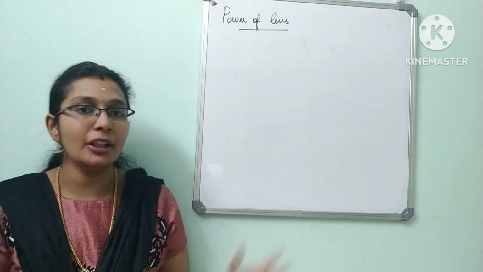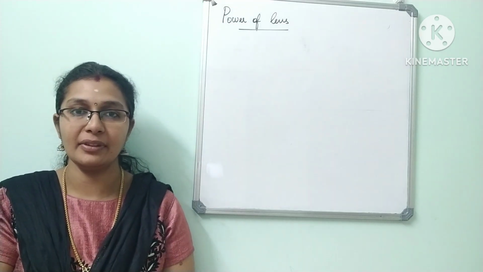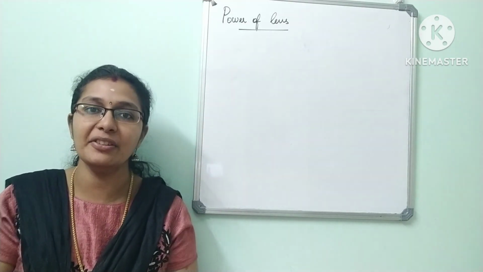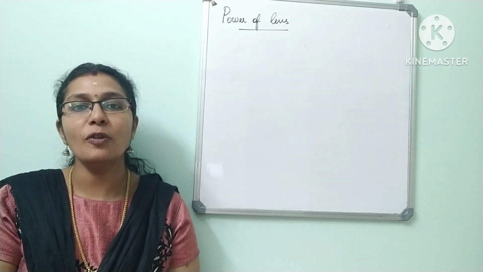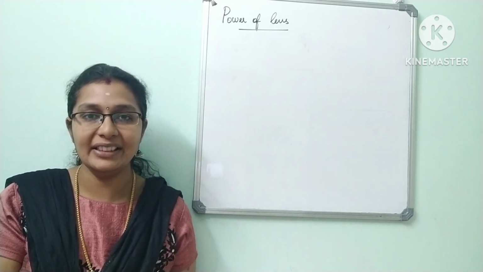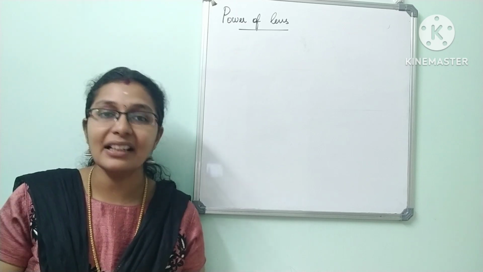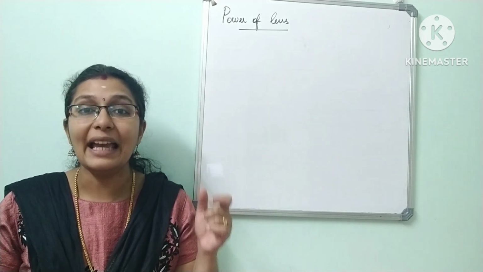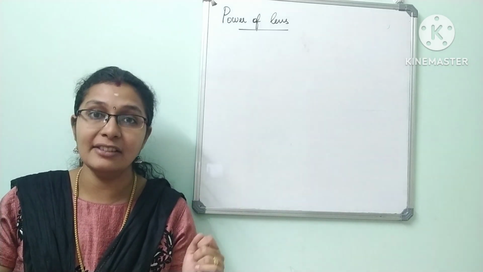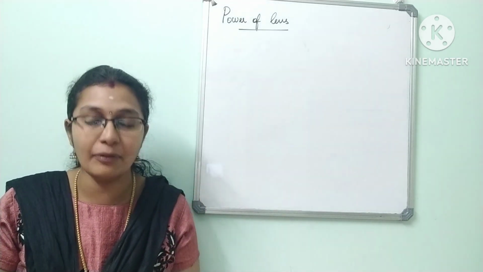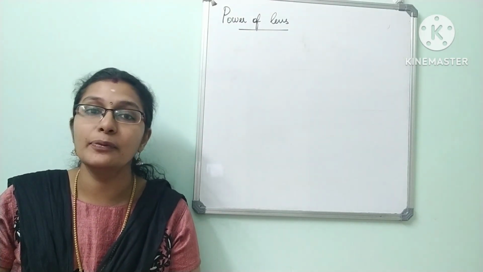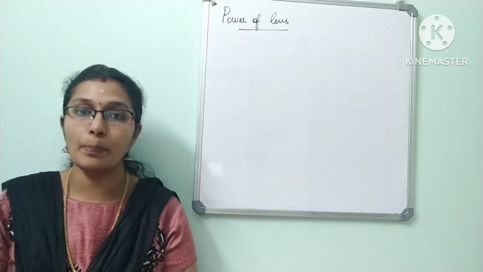It is one of the important topics, we do have numericals based on this. It is important to understand because we are using it in daily life. So what does this lens do with the light rays? It either converges or diverges, right? So the ability of the lens to diverge or converge the light rays falling on it, based on its focal length, is called power of lens.